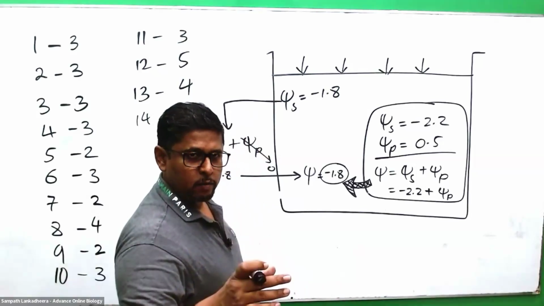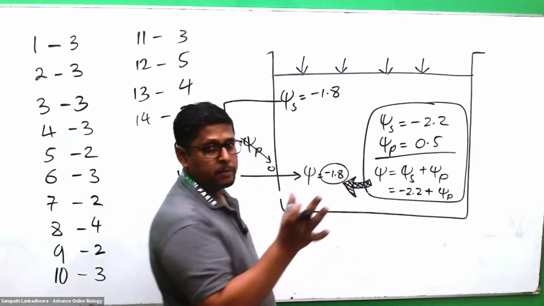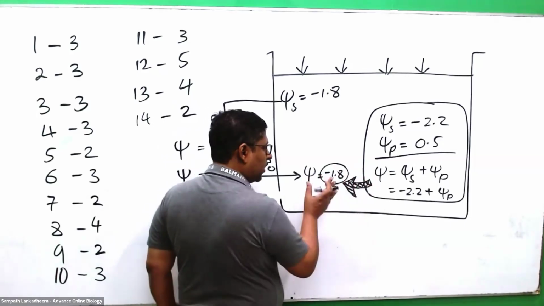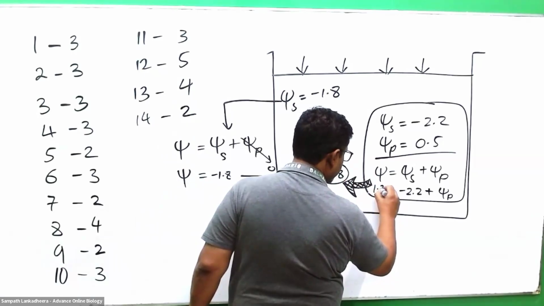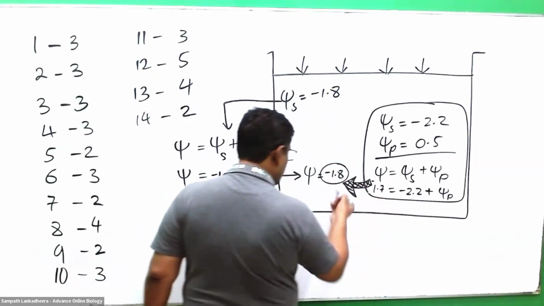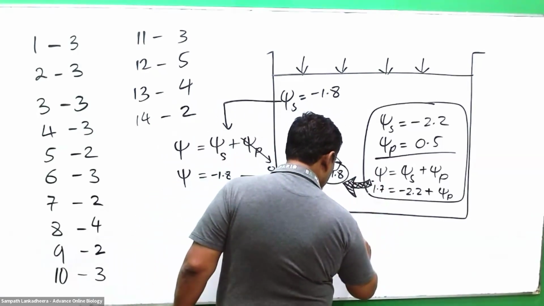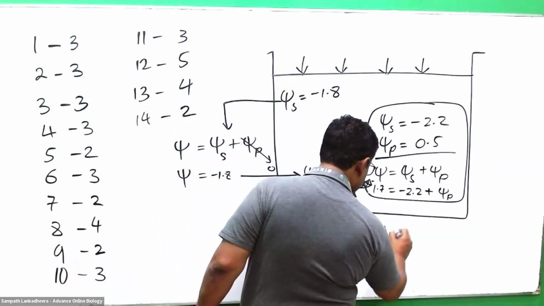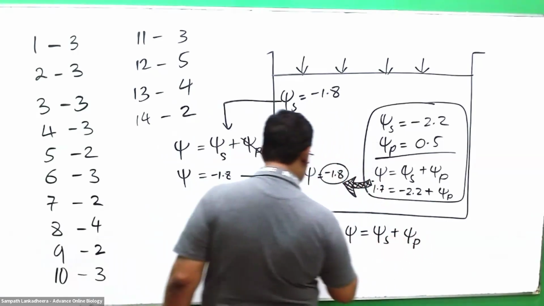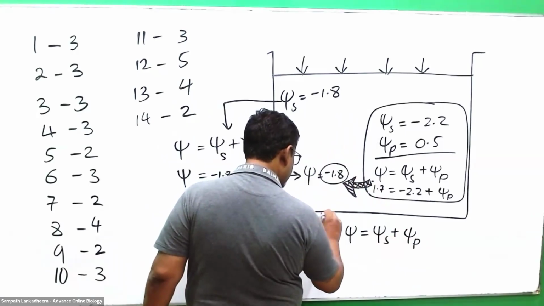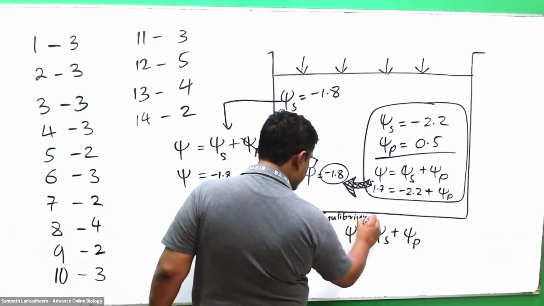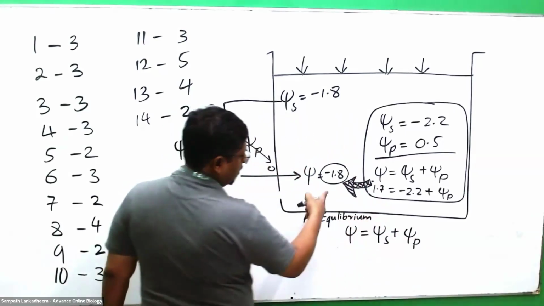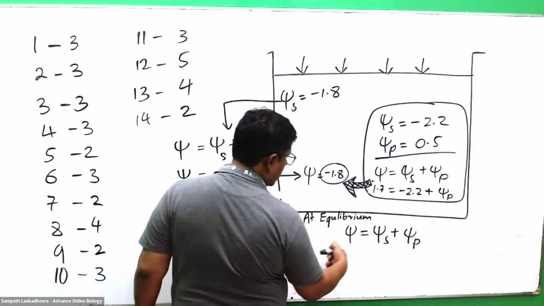Now, previously we calculated it before reaching equilibrium. So when water moves out, at equilibrium, the water potential of the cell is psi S plus psi P. Check this: at equilibrium, the outer solution water potential is the cell water potential.